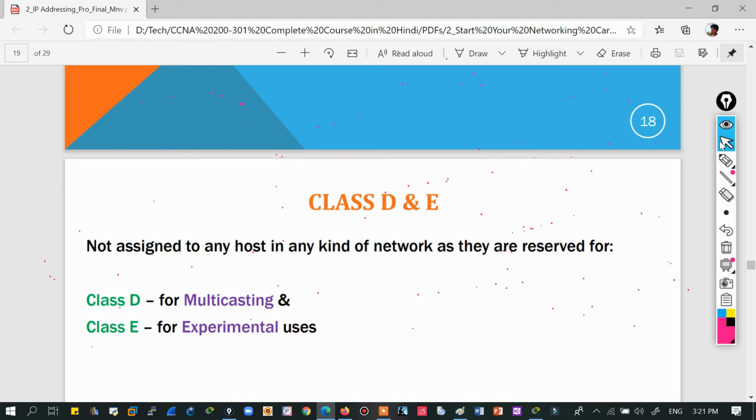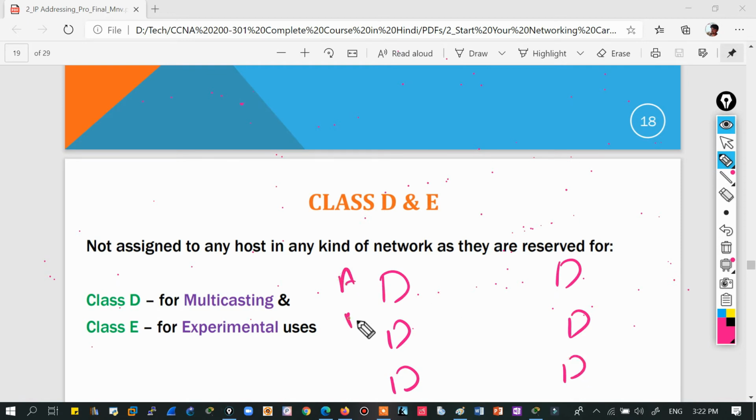And what is multicasting? Let me give you an example. There are 3 senders and 3 receivers, A, B, C, X, Y, Z. When A is sending data to X only, that is unicast. Unicast means to one, 1 to 1.